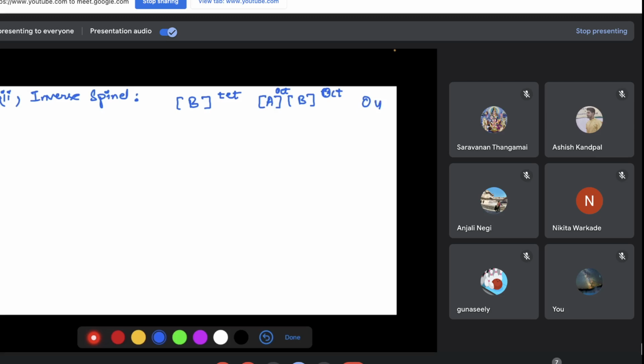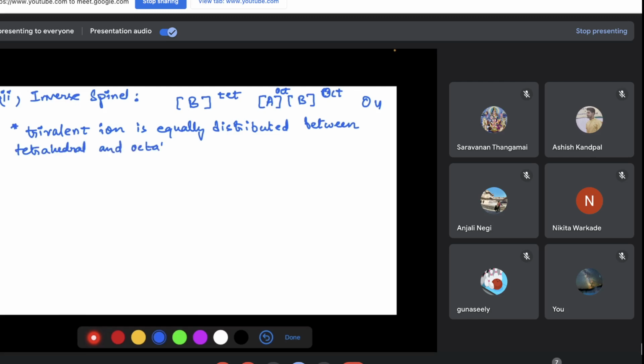So here my trivalent ion is equally distributed between tetrahedral and octahedral voids.